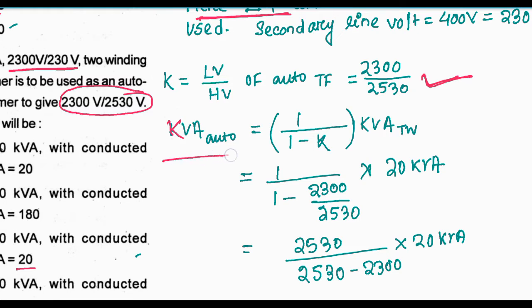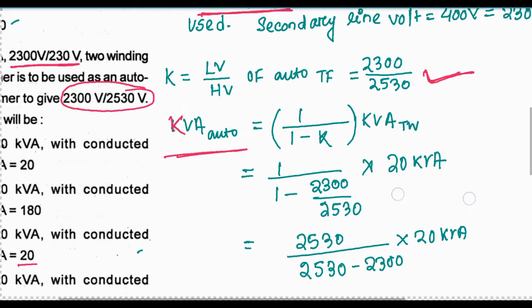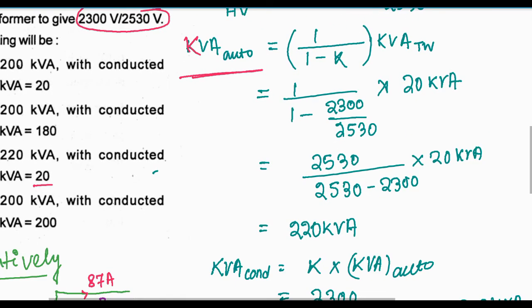This is the formula: 1 by 1 minus K into kVA of the 2 winding transformer from which we are connecting to make it an auto transformer. So this will be 1 by 1 minus 2300 by 2530 into 20 kVA.